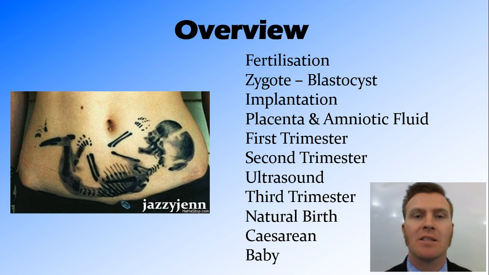The second trimester, where finer things are happening, and some of those organs start functioning. Ultrasound being a way of seeing a fetus inside the mother. The third trimester, where the majority of the weight is put on, and then natural birth through the vagina or Caesarean section through an incision in the abdomen, leaving us with a baby that weighs about 3.5 kilos.